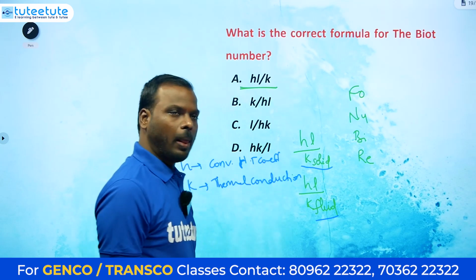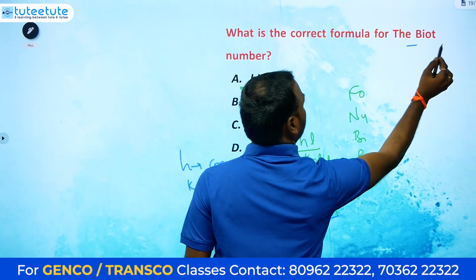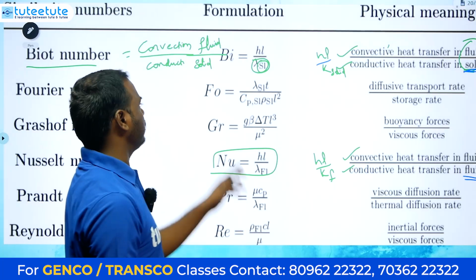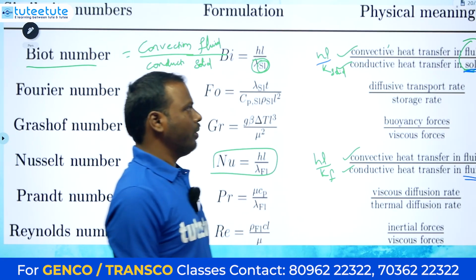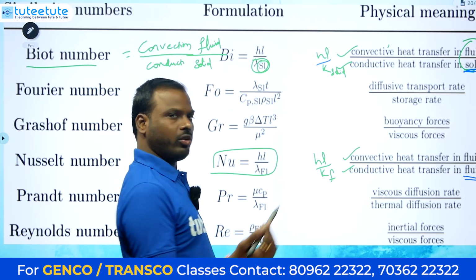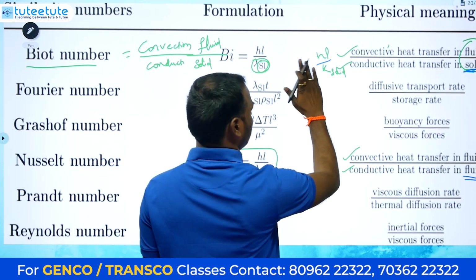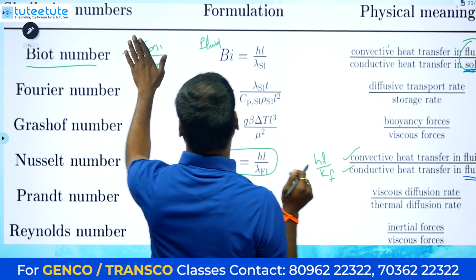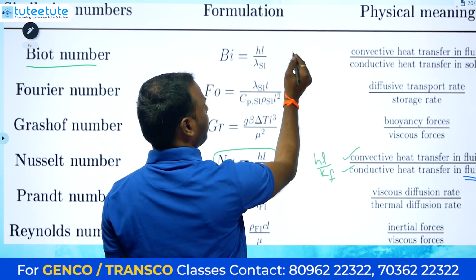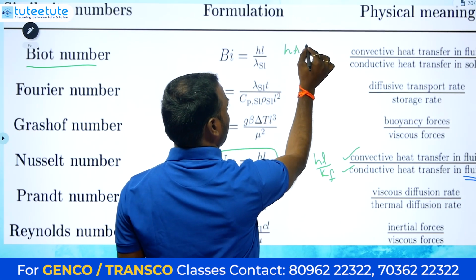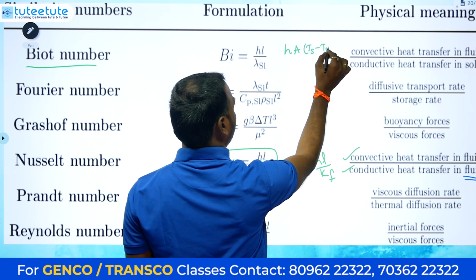Why? Because the Biot number is nothing but the ratio of the conductive heat transfer to the convective heat transfer of the fluid. What is convective heat transfer? For this one, I am just writing how it will be. Convective heat transfer is generally hA(Ts minus T infinity).